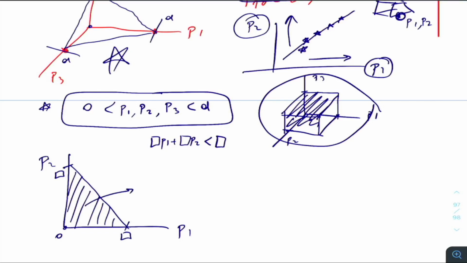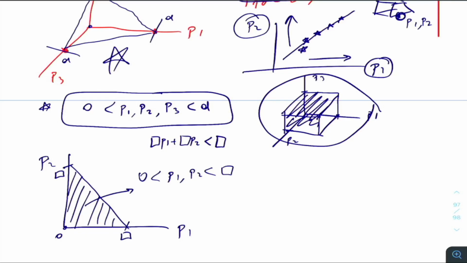First of all, describe P1 and P2. Let's say these two boxes have the same value, and this is 1.